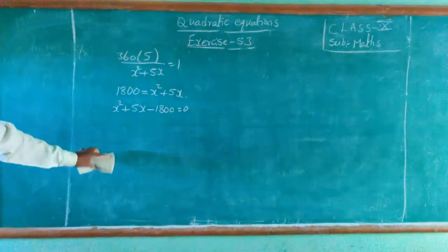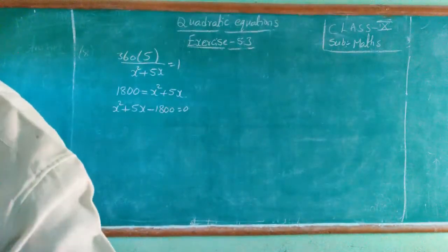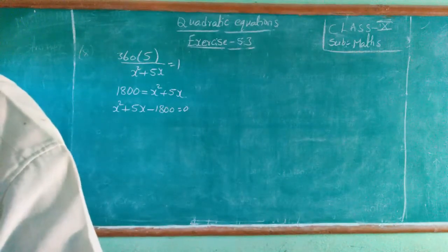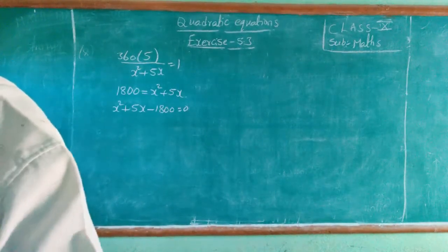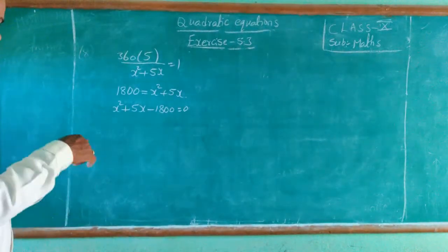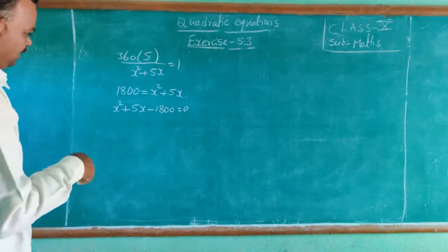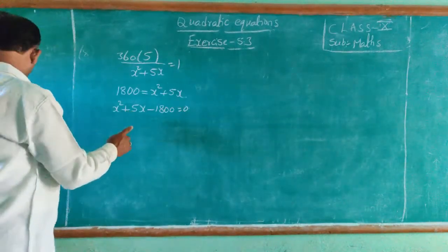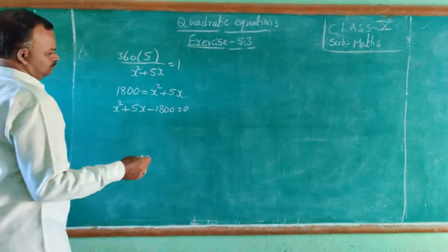So find the factors of 1800 that give the value 5.